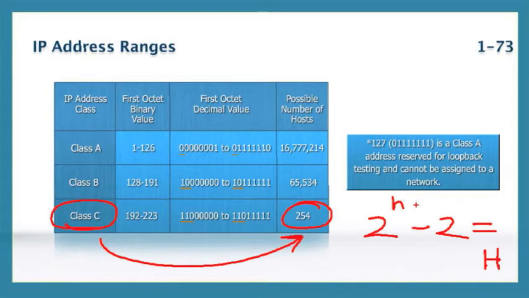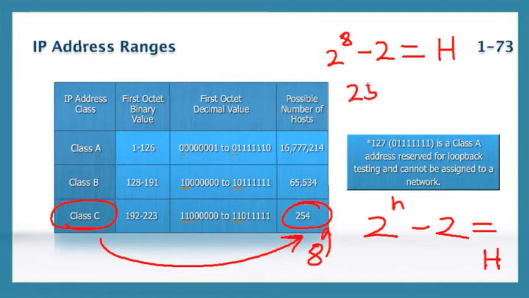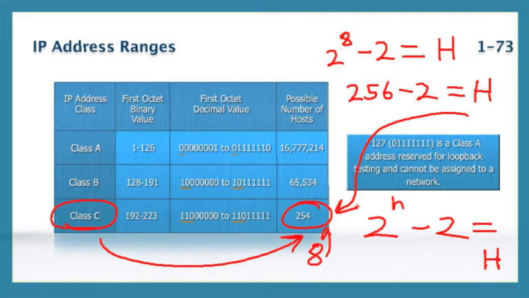If we plug this into a calculator, we know there are 8 bits in a Class C for host addressing. So 2 raised to the h minus 2 comes out to 256 minus 2, and sure enough, H equals 254.